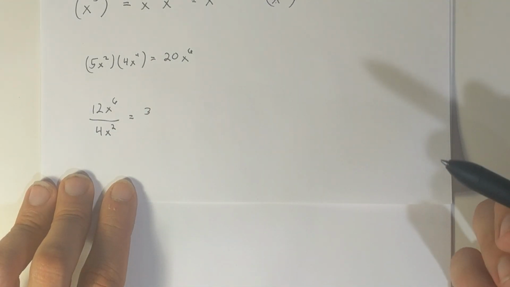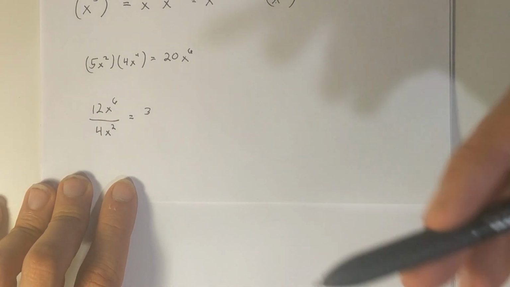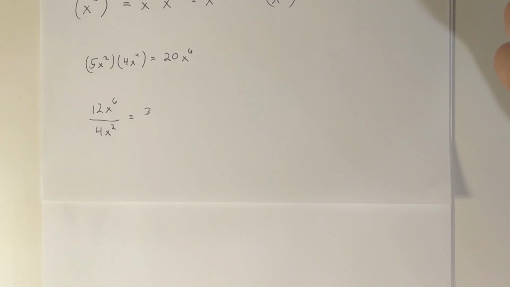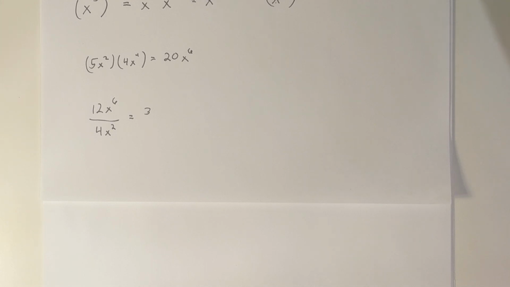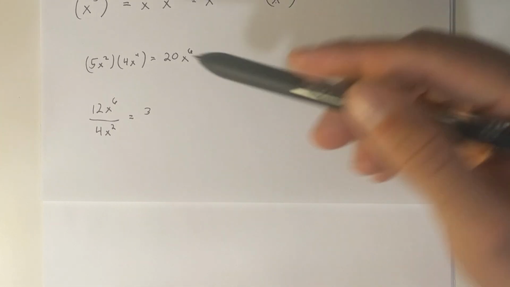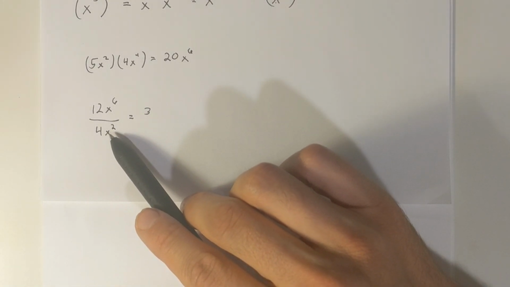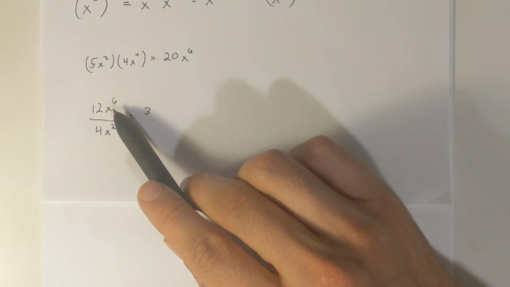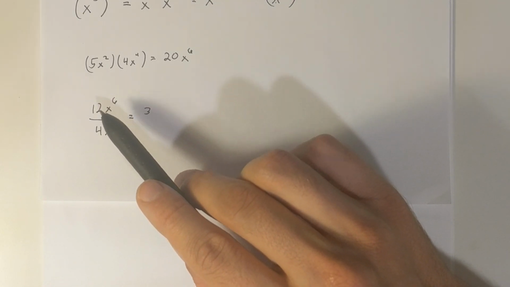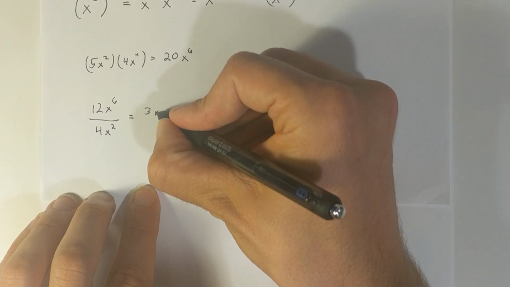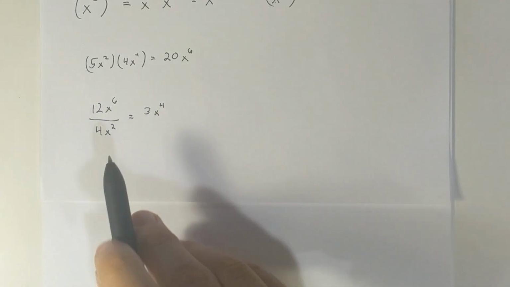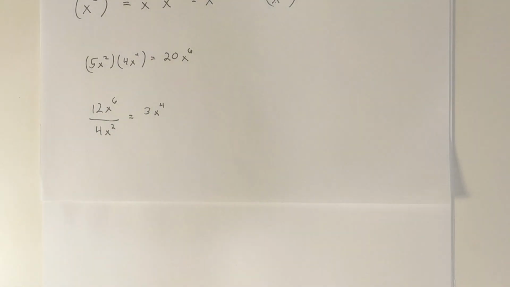Remember our properties: you want to cancel out all of the x's that come in a pair, meaning there's an x on the top and an x on the bottom. Since there are two x's on the bottom, we can cross out two of these and two of those. Crossing out two x's on top leaves me with x to the 4th. So this reduces down to 3x to the 4th.